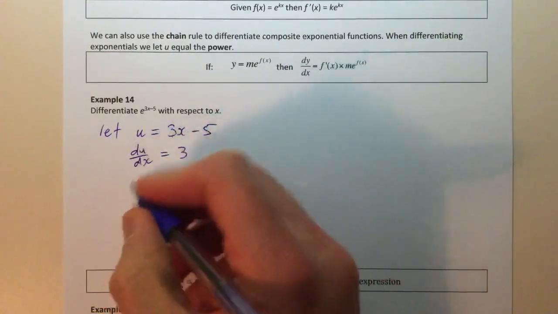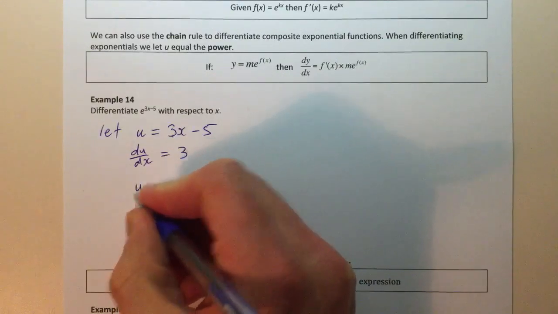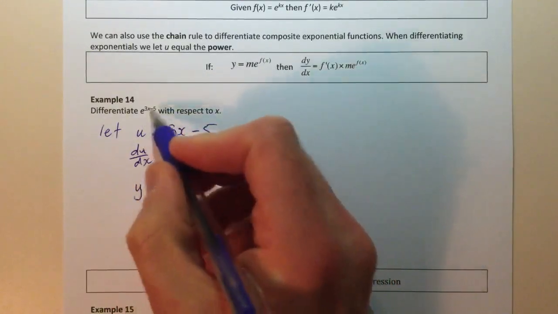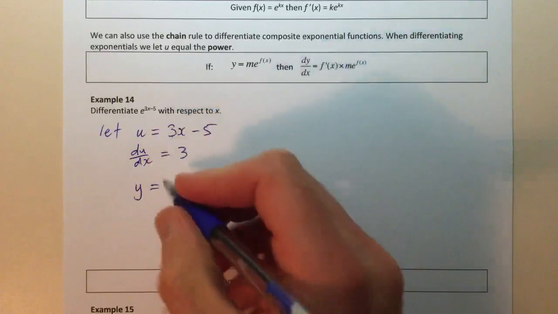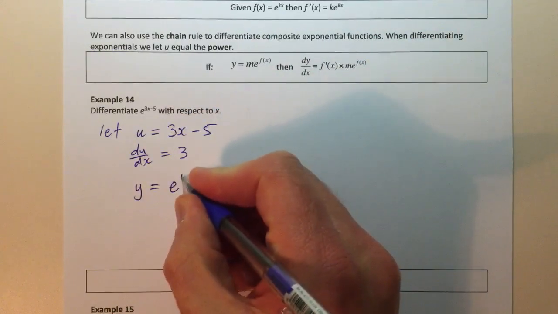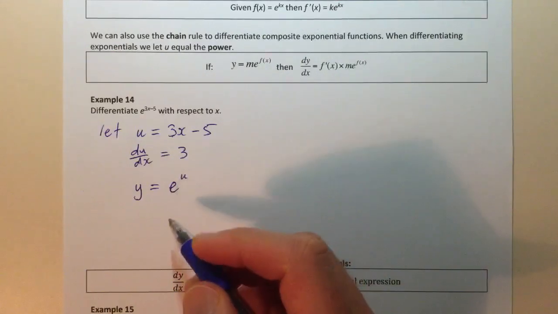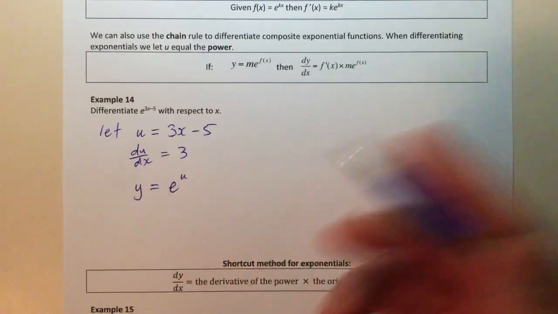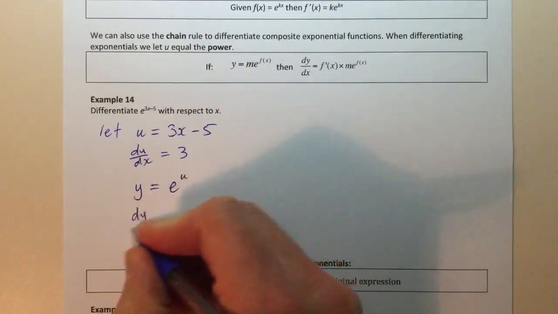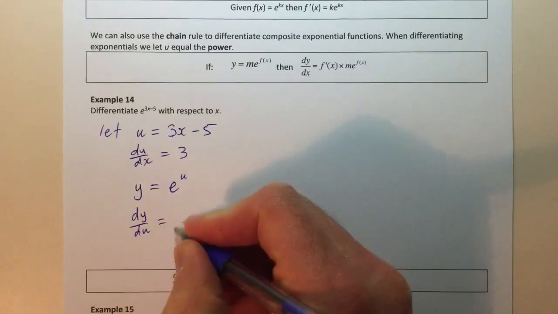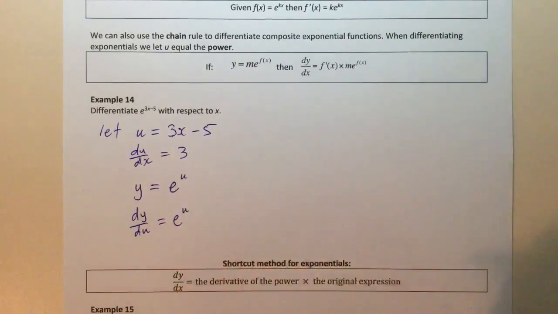That substitution also says that our original equation, if we want to write it as y equals, would be y equals e to the power of u. And the derivative of e to the power of u is just e to the power of u. That's what we said at the start. So dy/du is just e to the power of u.